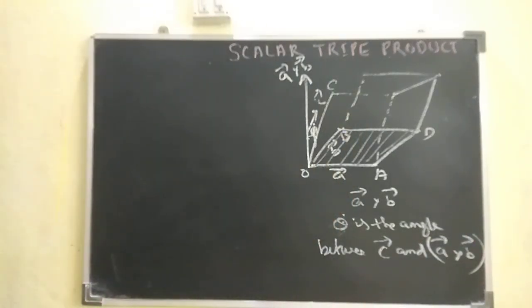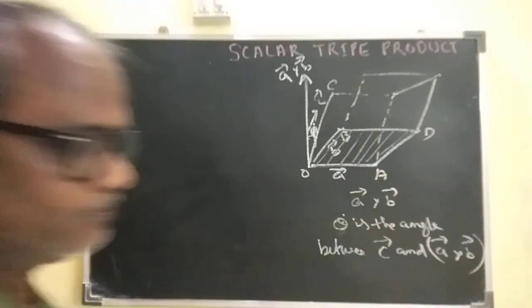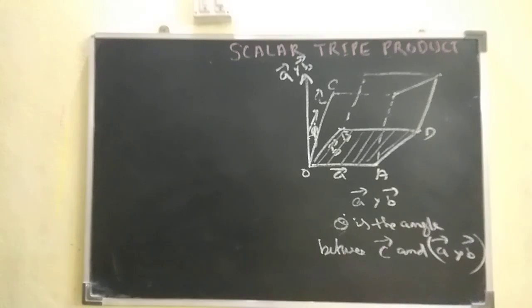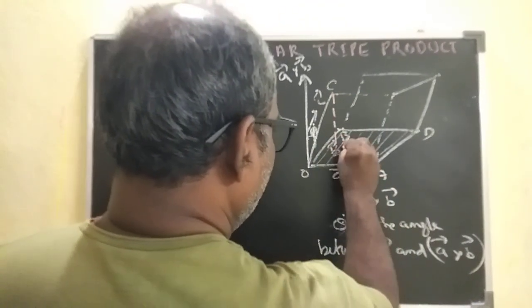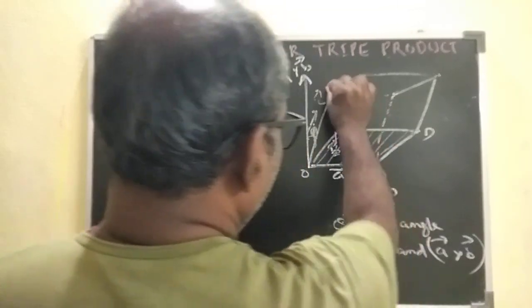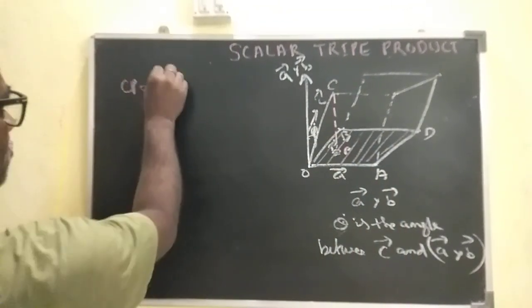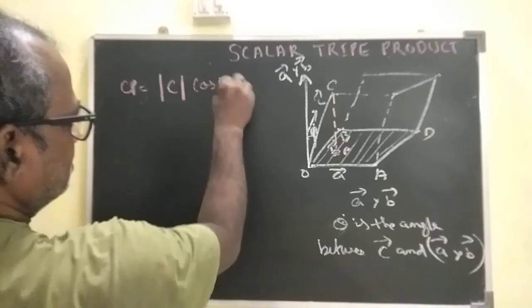Now we'll try to understand, if we draw a perpendicular to this plane and let it be P. Now CP becomes the height, so here CP equals mod of C cos theta.